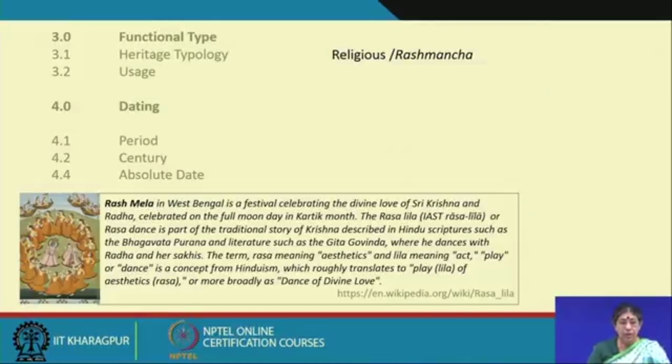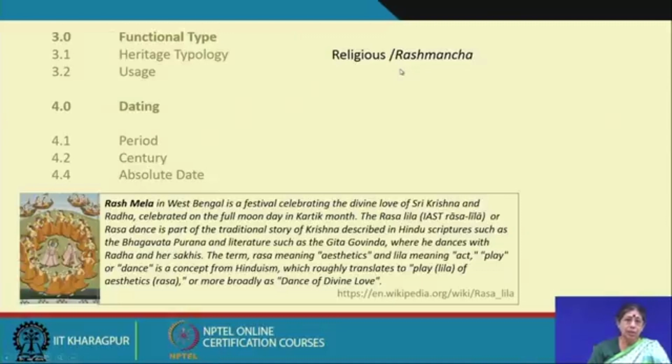So, it talks about the concept behind the Rashmansha, and we have also given an image and the source, whatever material and information we use, because it will ultimately come as a report. It is absolutely important to give the source from which whatever it is taken. So, it is explaining why it is religious and what the Rashmansha is.